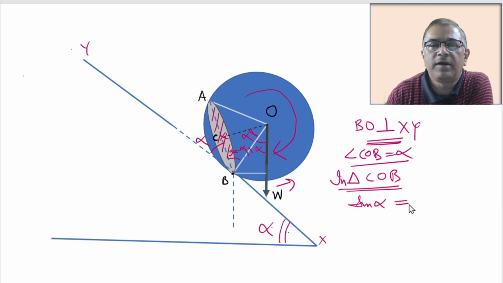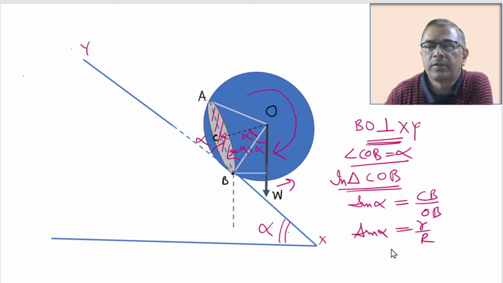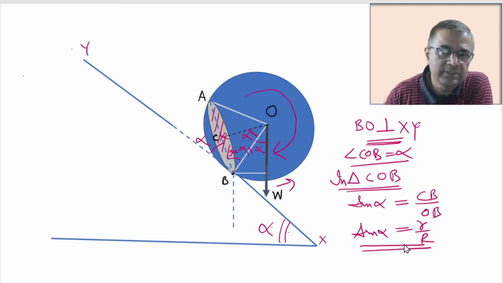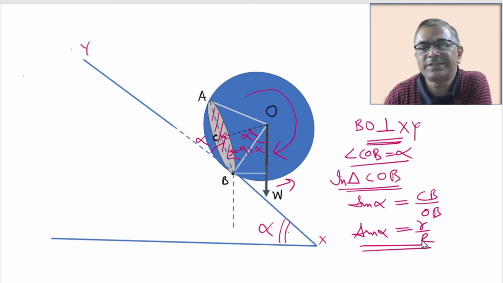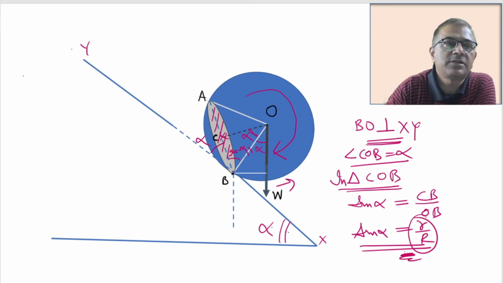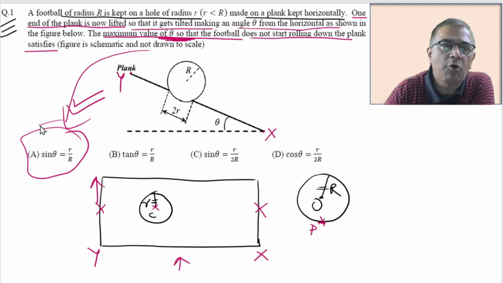sine of alpha equals CB by OB, and this is equal to small r by r. So the answer to this question is still small r by r. This sine alpha equal to small r by r still matches one of the options.